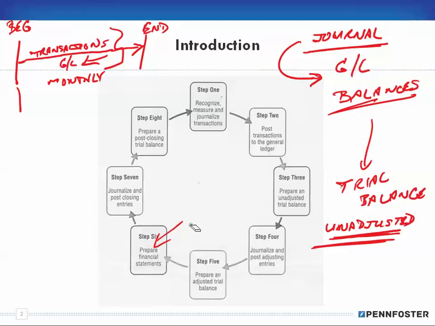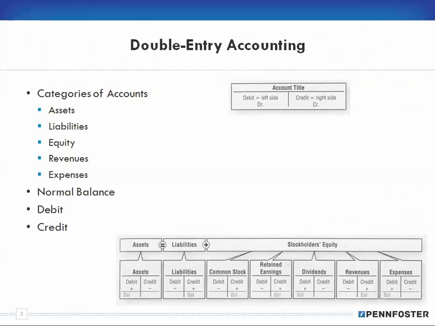In this chapter, we're going to cover the adjusting journal entries, creating an adjusted trial balance, then creating the financial statements, making closing entries, and then creating a post-closing trial balance. So let me head on over to the next slides. And again, I'm just going to cover this Chapter 2 stuff very quickly, but hopefully you'll see how it all falls into place.